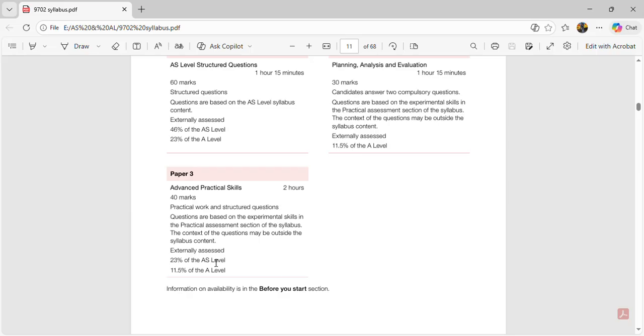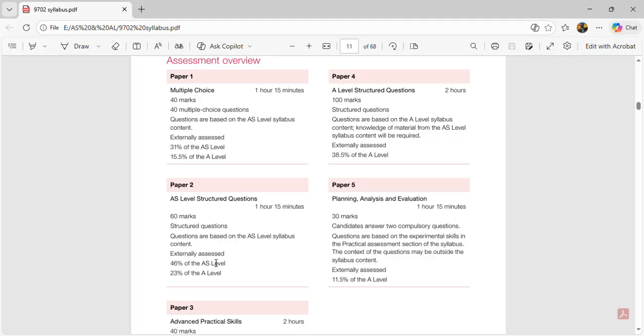So that is AS. When you advance to A level, there is paper 4, which is A level structured questions. The questions are based on A level syllabus content. They will never ask you stuff from AS. When you finish AS, you finish AS complete, like a semester at university.